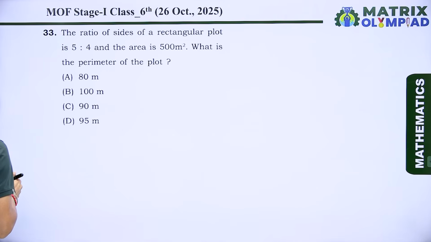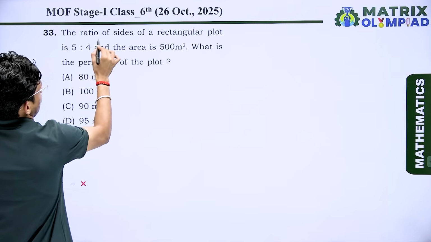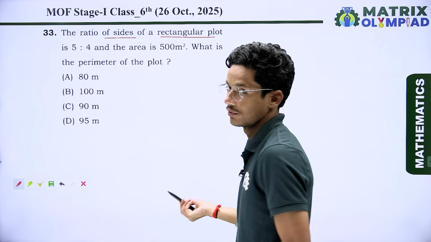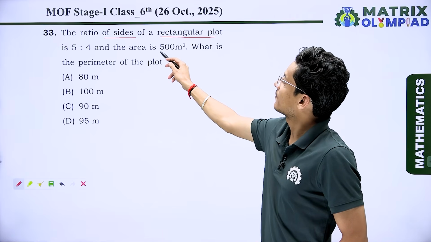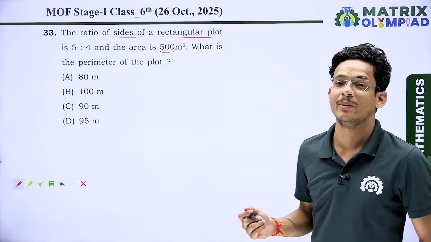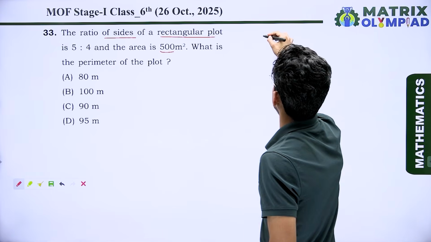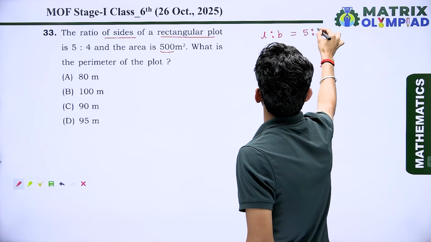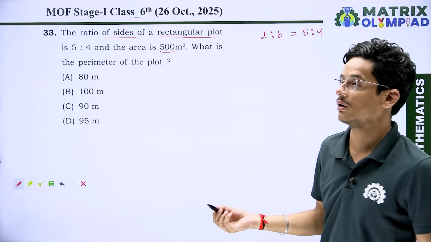Now the next question, number 33: the ratio of the sides of a rectangular plot is 5:4. The area is 500 square meters. What is the perimeter of the plot? Here we have the ratio length to breadth as 5:4. First we convert this ratio into numbers.